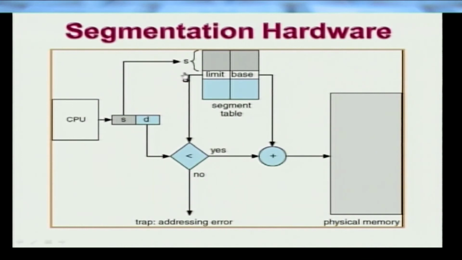Now S is taken and identified in the segment table, and the base register or the frame number is identified, and both are added together along with D, and it is generated as a physical memory address. Therefore, there is a fundamental difference you can notice between paging and segment implementation.